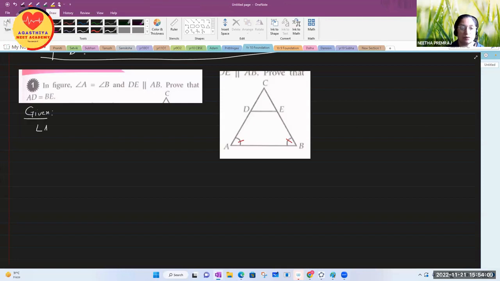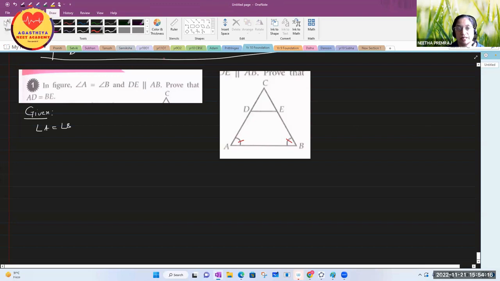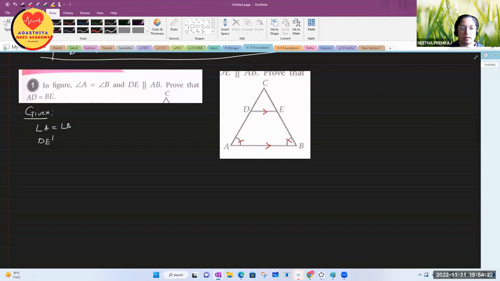Angle A is equal to angle B. DE is parallel to AB. Prove that AD is equal to BE. What is the idea? Yes, guys, tell me.